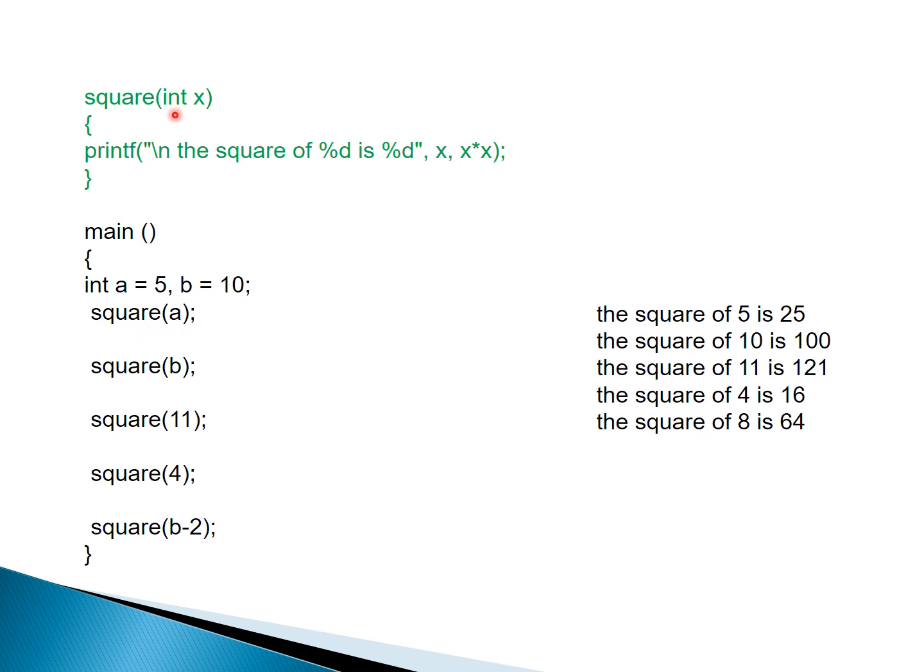So the scope of the x is only from here to here. Outside this block, this x is not accessible or visible.